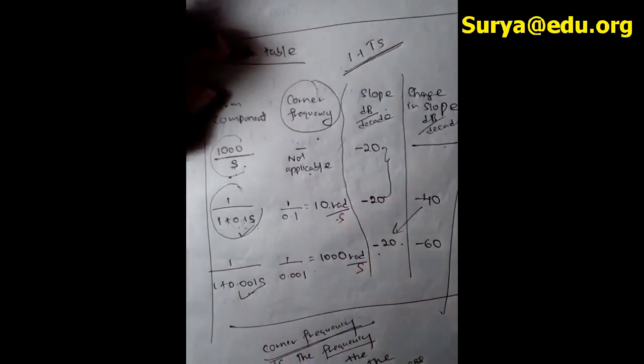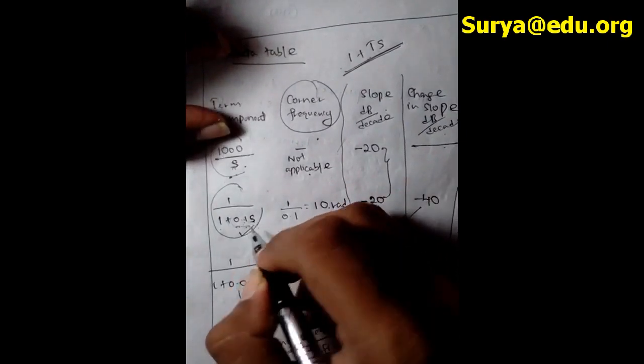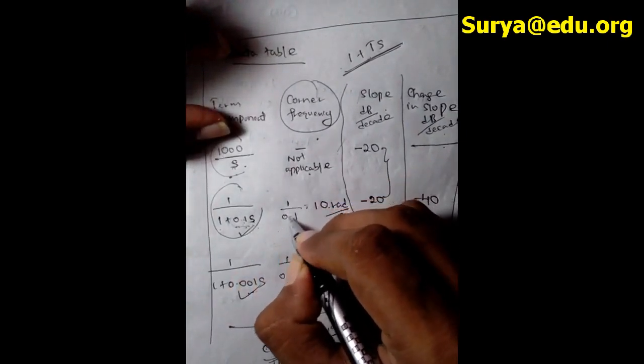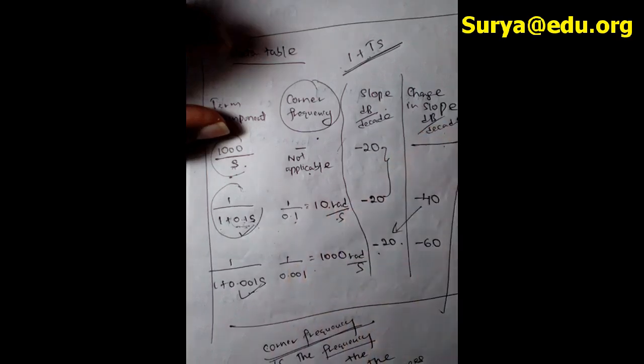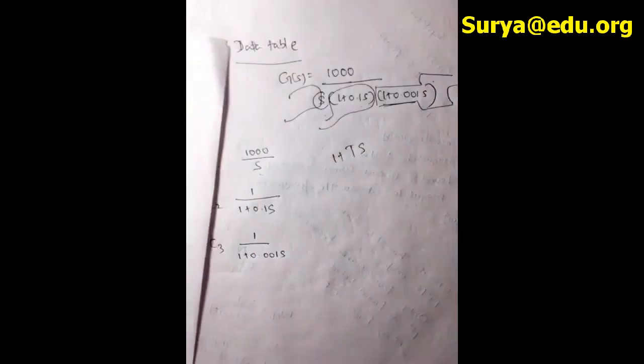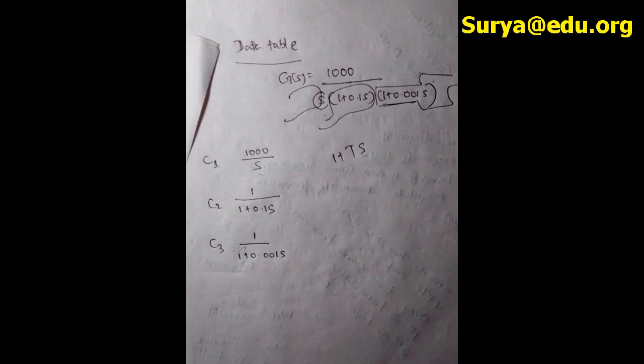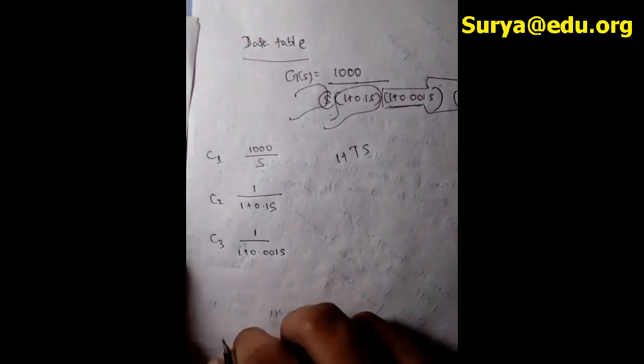This is how you find it: you know the coefficient, just take the reciprocal, that means 1 divided by 0.1, which gives 10. That is how you find the corner frequency.